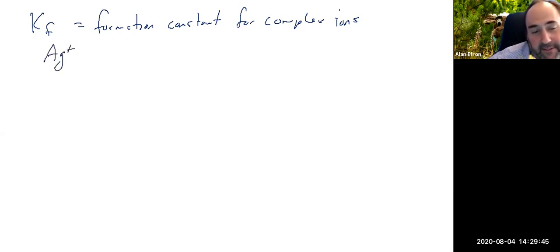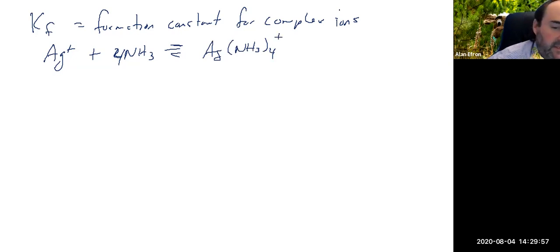So for example, silver plus some ammonia forms this complex ion. And when we do these problems, usually the Kf is, just like normal, our products over our reactants.